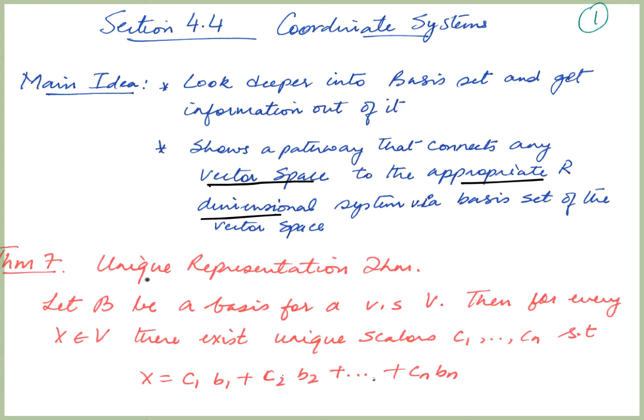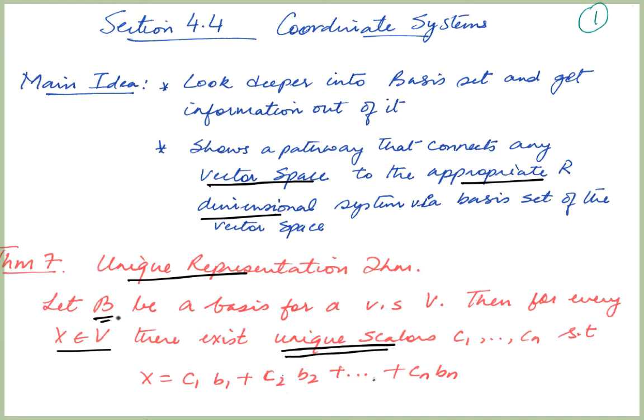So the first thing we're going to look at is the unique representation theorem. What this theorem says is that if I am given any basis set, it doesn't matter which, only one basis set is needed, then for every vector x which is related to that basis set, we will have a unique set of scalars. Now here's the catch.